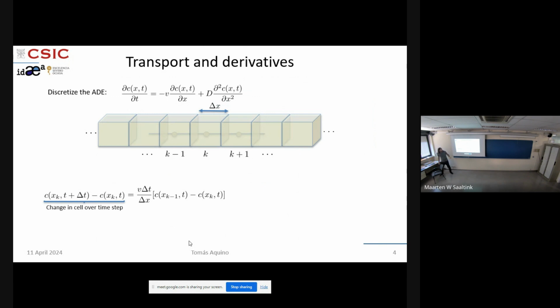So, the physical idea is what I just told you, but the math is also quite simple, right? What we are doing is just taking discretizations of the derivatives, okay? You can discretize them however you like. I chose backward derivative here, just because I think it's easy to understand. So this is saying that we lose concentration or mass at the cell because there's an advective flux taking it away.